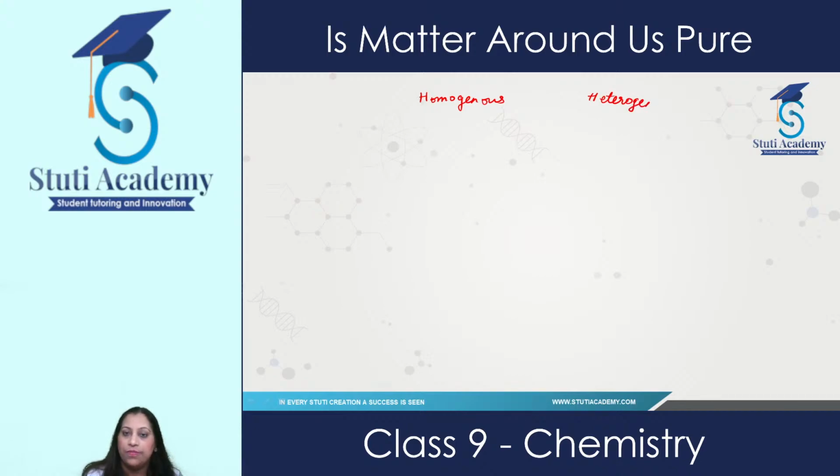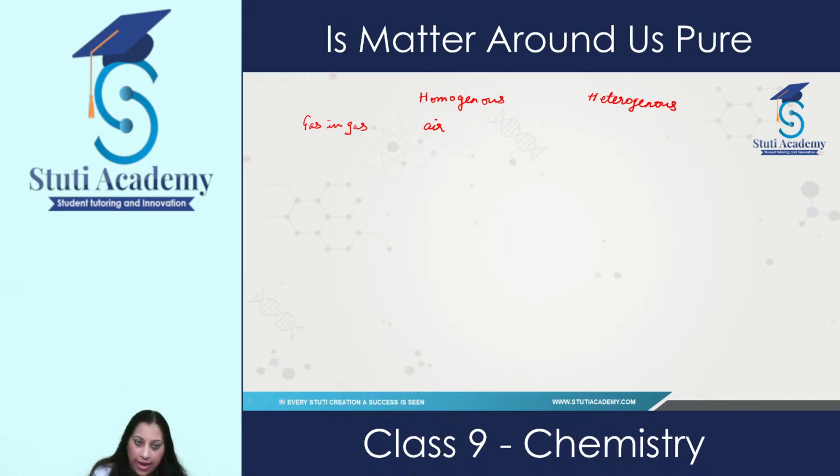Heterogeneous mixture. Okay, now first, if I talk about gas in gas, it means two or more gases combined together. So what type of mixture is this? It's a homogeneous mixture. An example is air.